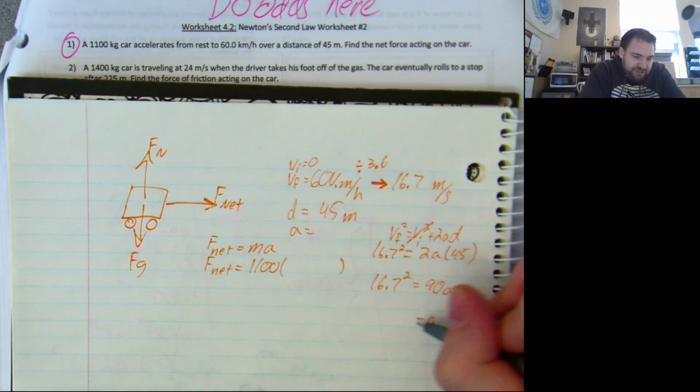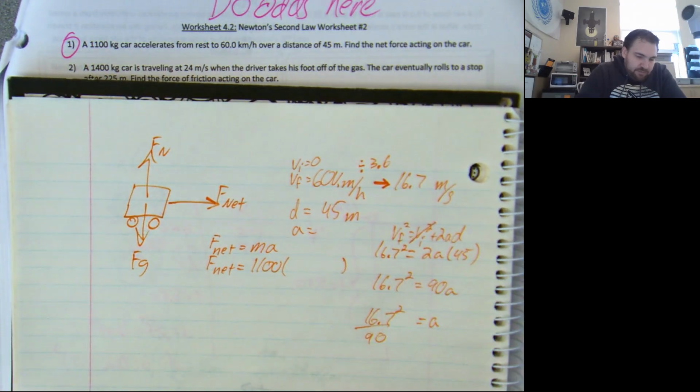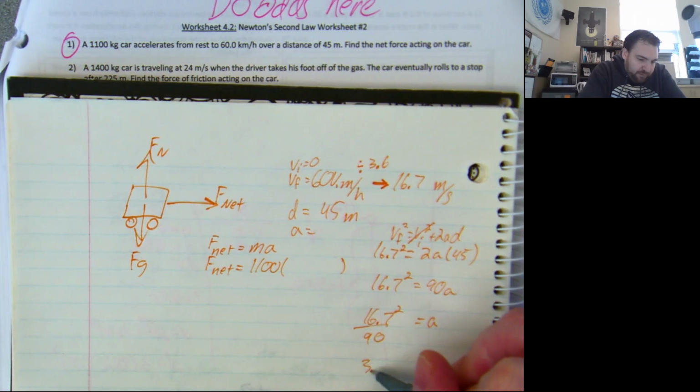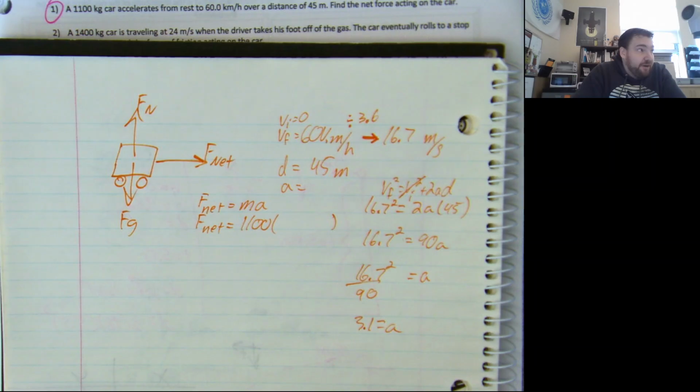So your acceleration is just going to be this 16.7 squared over 90. That value divided by 90, I got 3.1. So pretty impressive for a car.